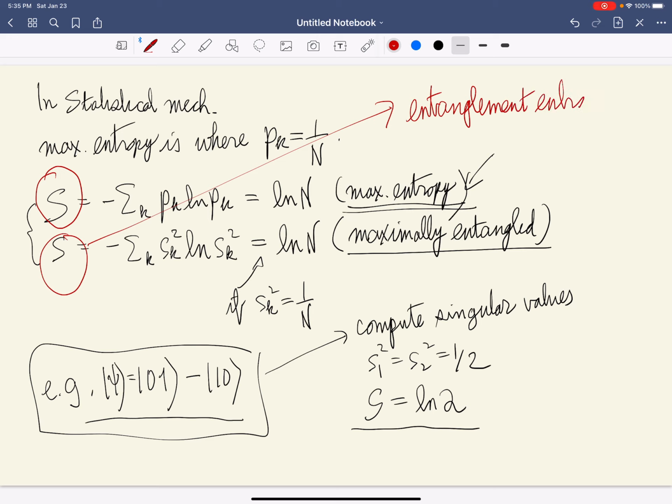Entanglement entropy, or simply EE. Because instead of measuring the degree of disorder in the system, it's measuring the degree of entanglement in the system.